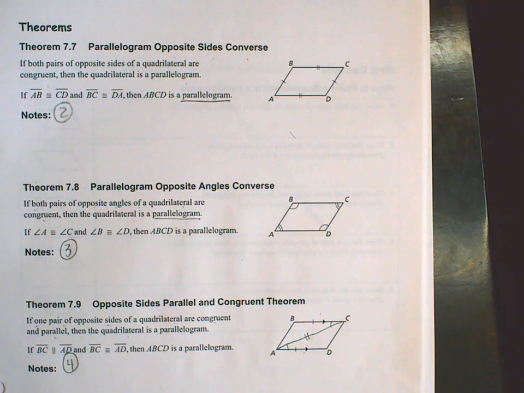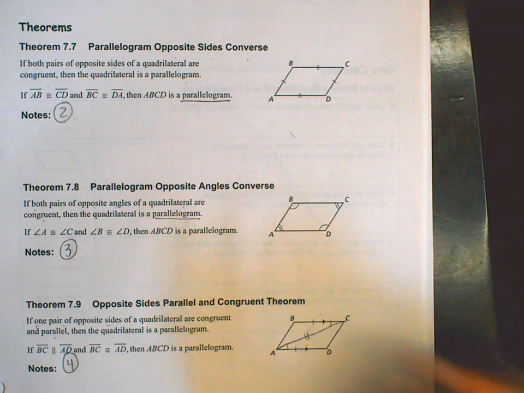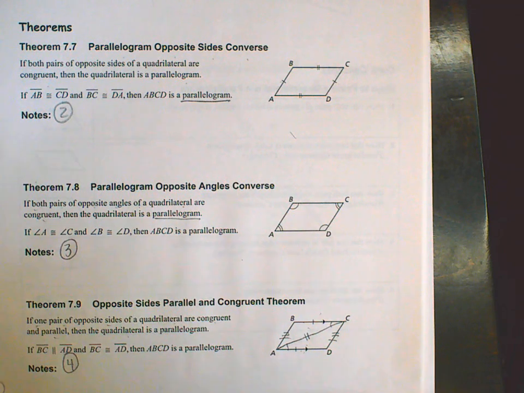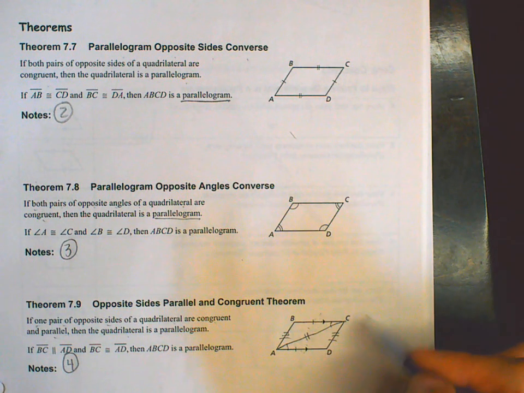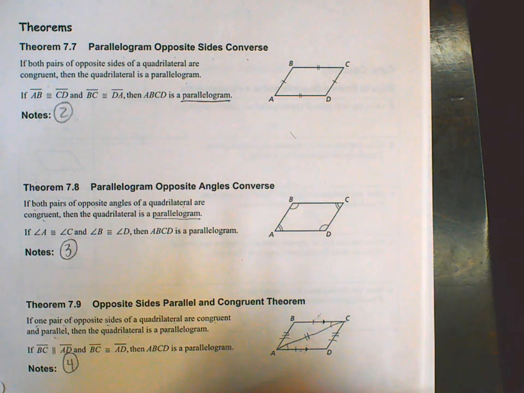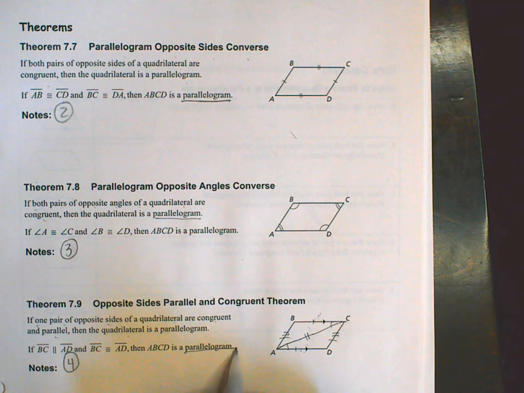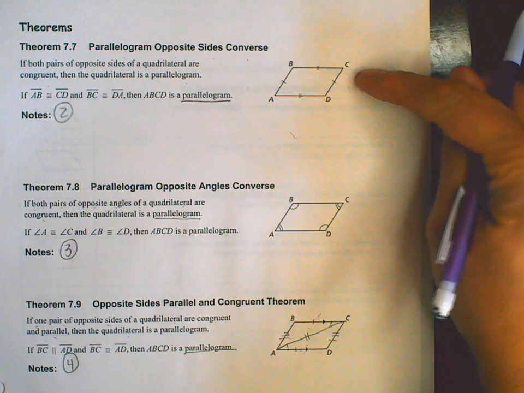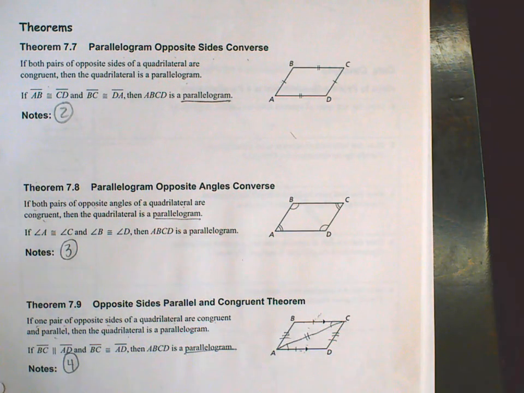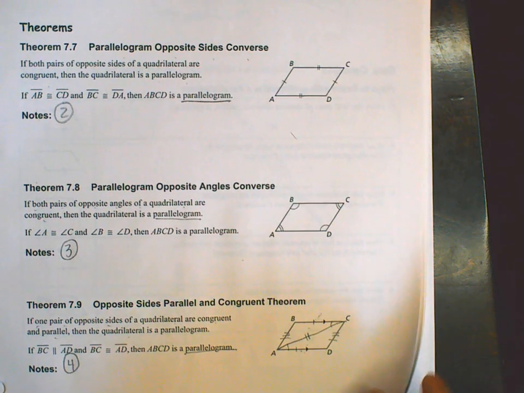So by side angle side, these two triangles are going to be congruent, making this side right here congruent to this side right there. And now since you have a quadrilateral where the two opposite sides are congruent, that will mean that it's going to be a parallelogram based on this theorem right there. So it's a plan that I just gave you. It's not really a formal proof.